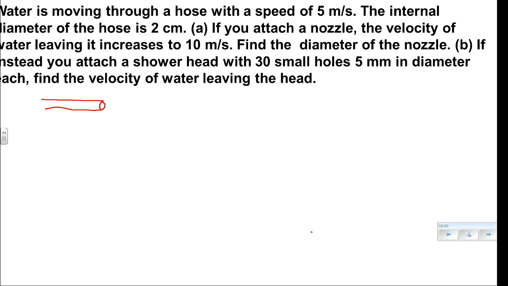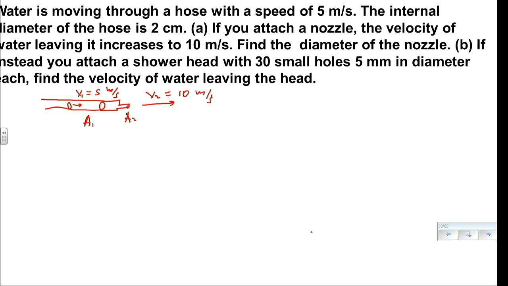And the speed inside is equal to 5 meters per second. We attach a nozzle, so it's getting narrower. This is A1. This is A2. And that speed should be higher, of course. Actually, we know it. 10 meters per second.